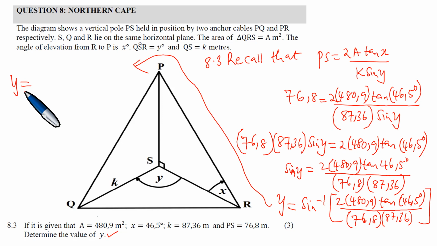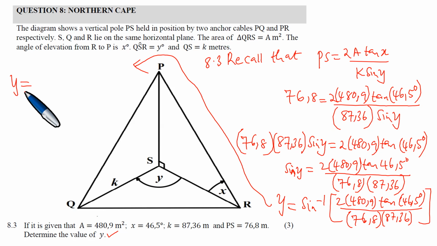Right, so the arc sine of the following, let's just get that one. We have 2 within the parentheses into 480.9, that is, 2 into 480.9, multiplied by the trigonometric tangent of 46.5.